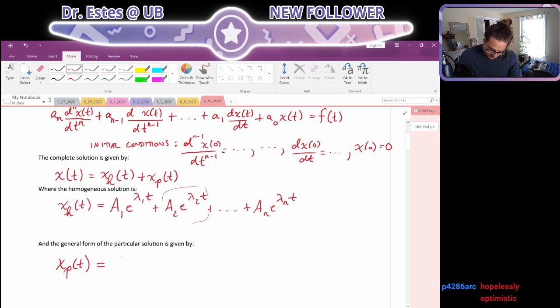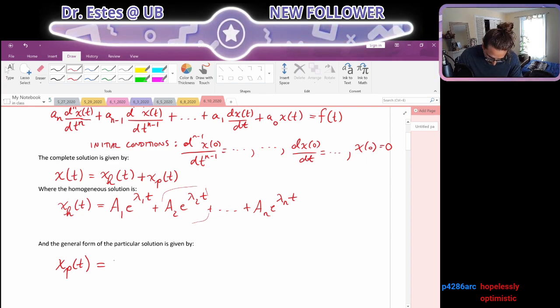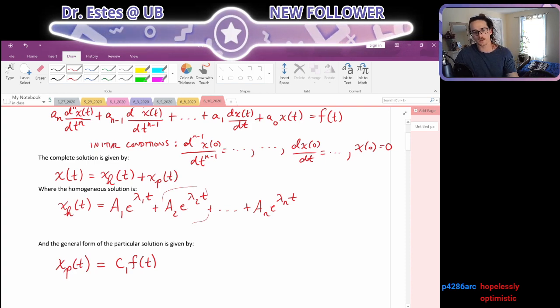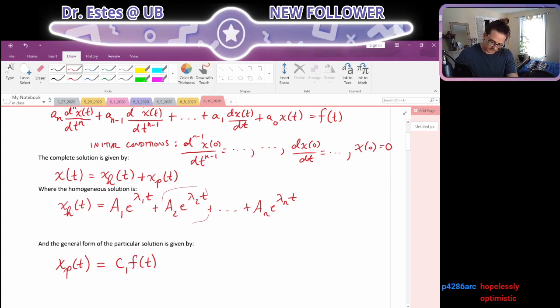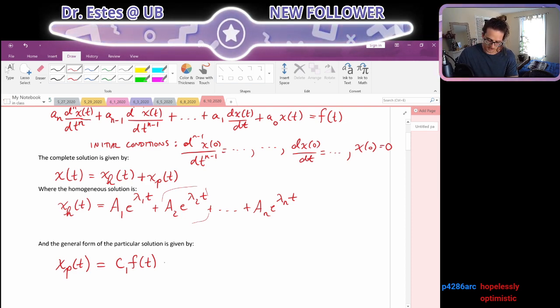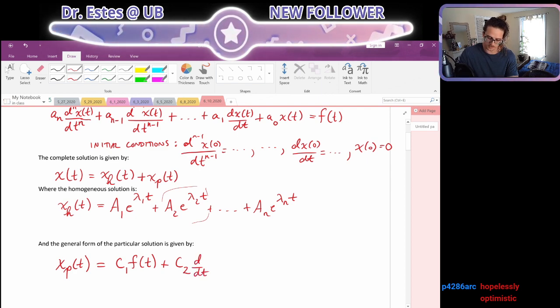The particular solution is going to be a summation of the forcing function itself multiplied by some coefficients, and you're also going to have the derivatives of this forcing function.